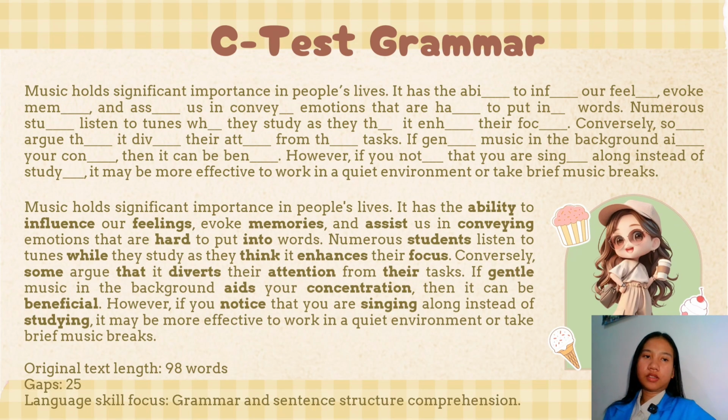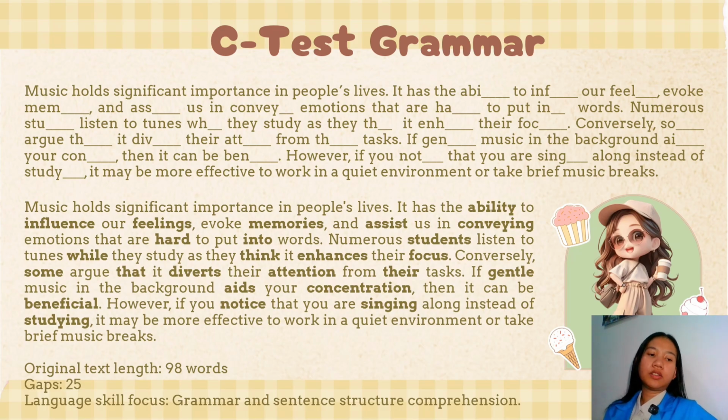Okay, the second one is C-test grammar, and this is the example of the text, and this is the complete text with the answers. The original text is 98 words, with 25 gaps, and the language skill focus is grammar and sentence structure comprehension.